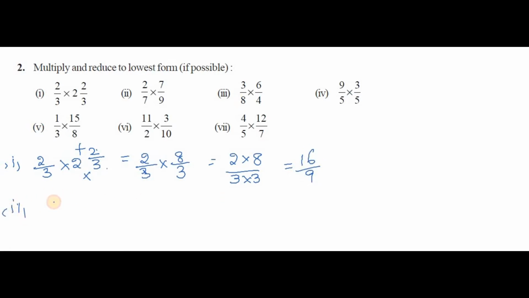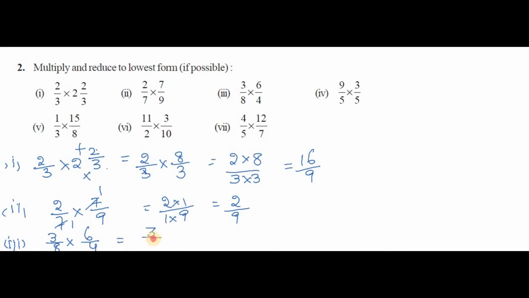Now the second question, 2 by 7 into 7 by 9. We all know that the 7 table will cancel. 2 into 1 by 1 into 9, 2 1s are 2, 9 1s are 9. Now we'll move on to the next question. 3 by 8 into 6 by 4. 3 and 4 do not cancel, whereas 6 and 4 will cancel.